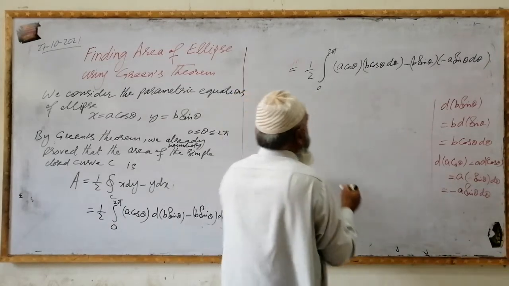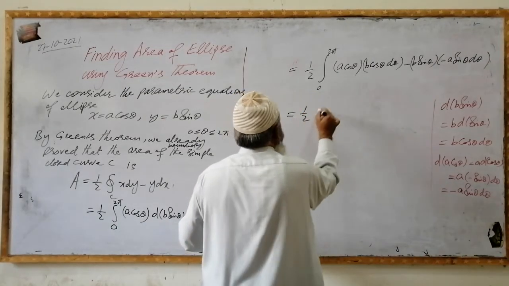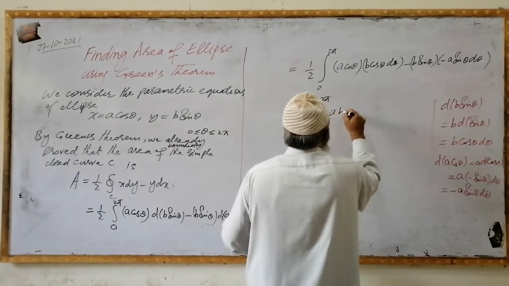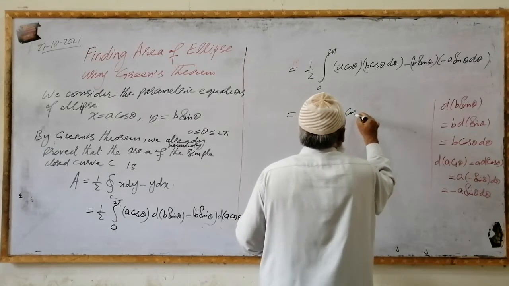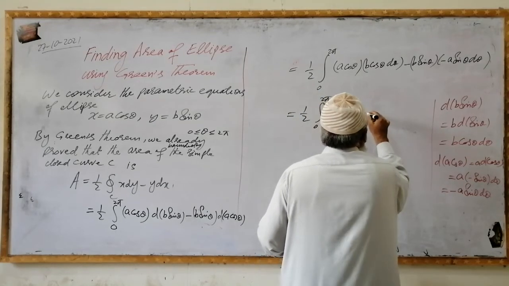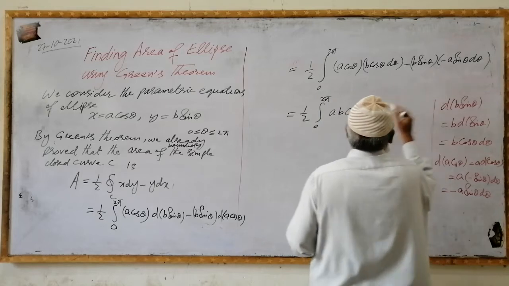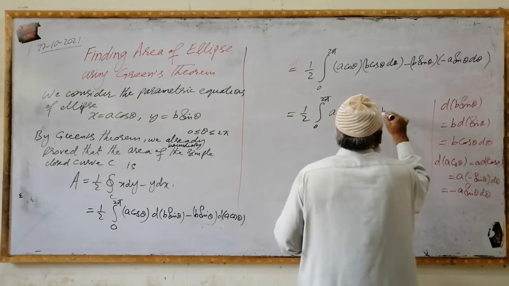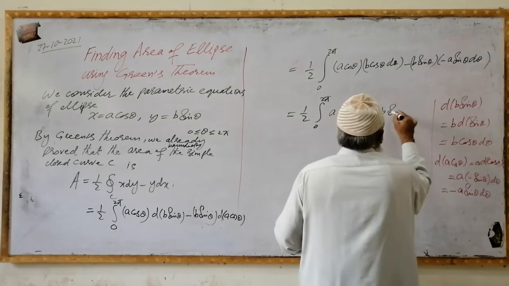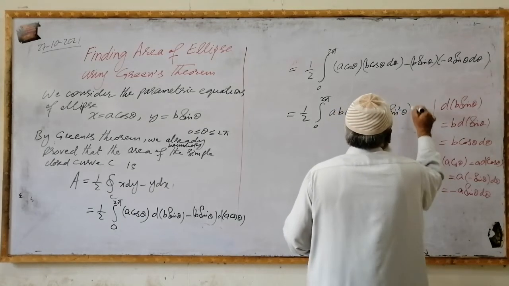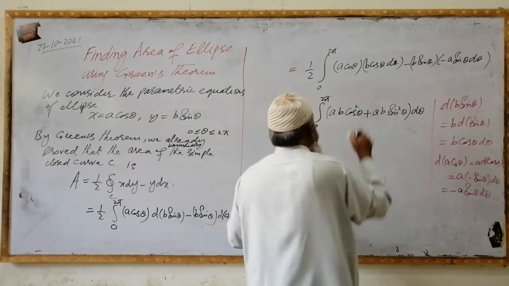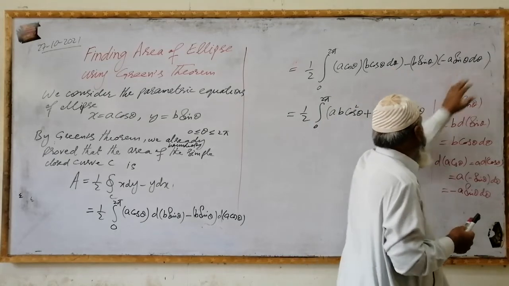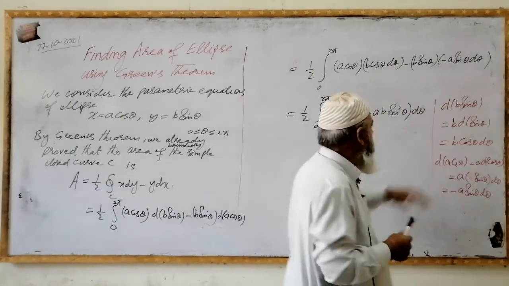Next, simplifying 1 by 2, 0 to 2 pi, ab constant, cos theta times cos theta gives cos square theta, and minus times minus gives plus ab sin square theta, and obviously we can take common d theta from both these two terms.